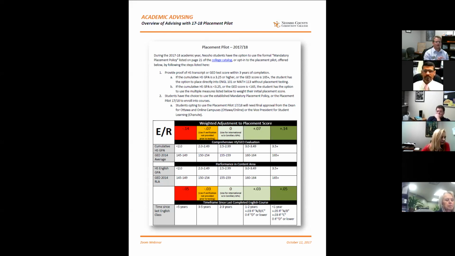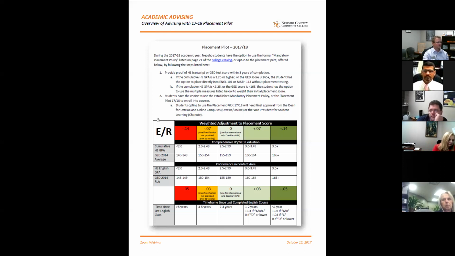That means that they are still required to have a placement test. This could be AccuPlacer, this could be ACT, any of our tests that we would now accept for placement with our current policy, and then we apply multiple measures that the committee had come up with and approved for the pilot. So what are those measures?